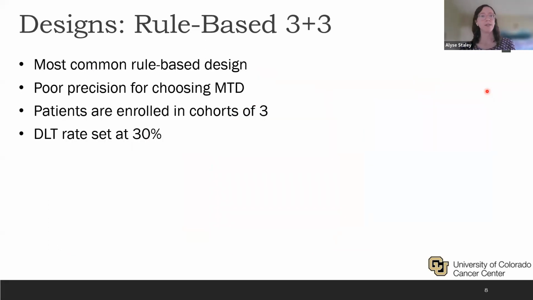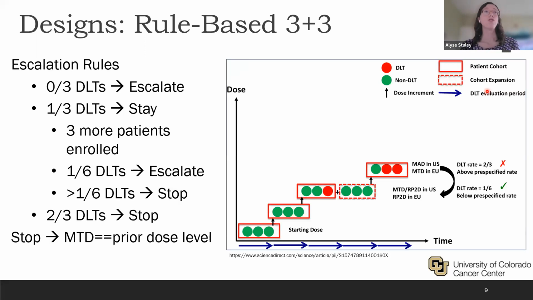For the rule-based design, I'm going to present the 3+3 design since it's most commonly used. This design has poor precision for choosing the MTD, and it's not very flexible. Patients have to be enrolled in cohorts of 3, and the target DLT rate is set at 30%. In short, the design works by first enrolling 3 patients at the lowest dose.